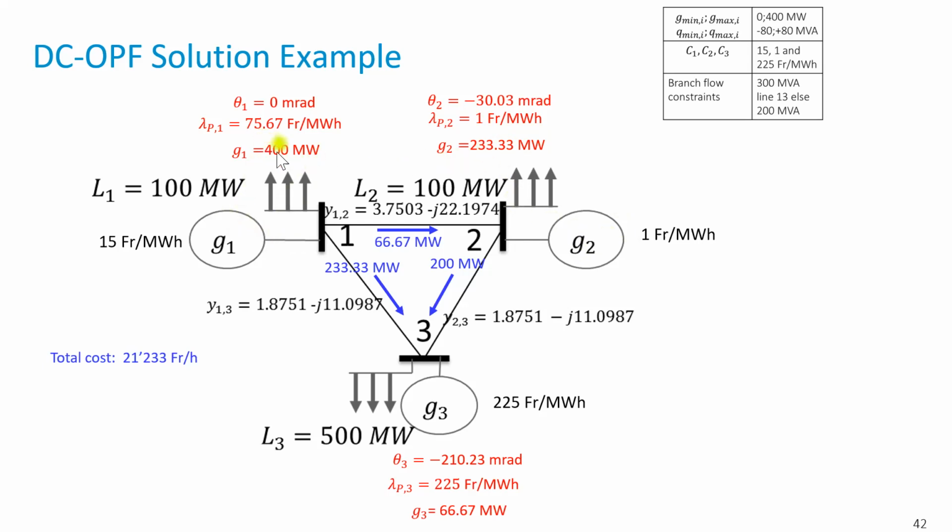But why this cost is higher here has to do with the power flow. If I add 1 megawatt of consumption here, because this one was saturated, what was produced here will need to be produced by a mix of this one and this one. And this mix gives this cost that is given here.